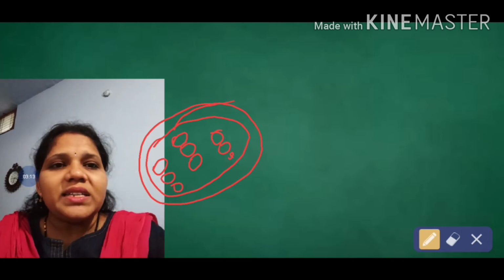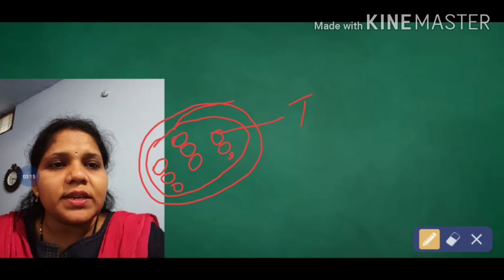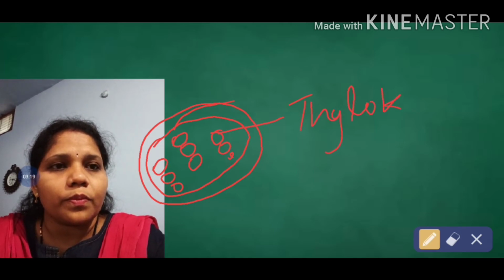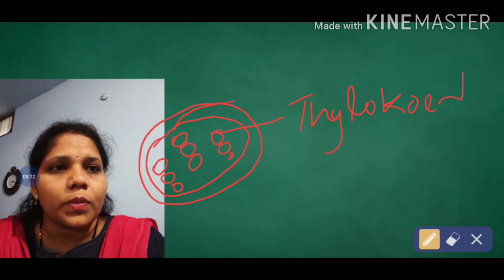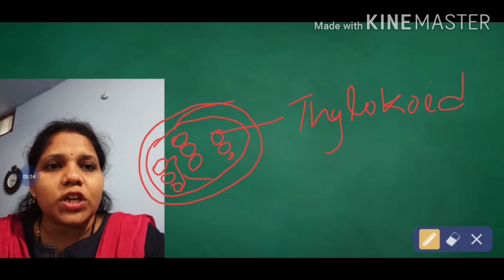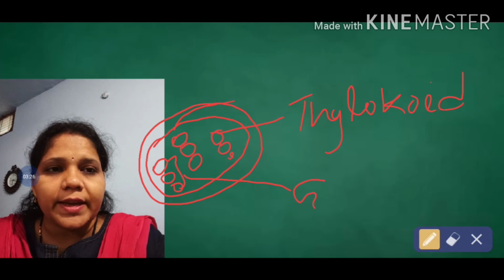One single disc-like structure is known as a thylakoid. One stack of disc-like structures is known as a granum.